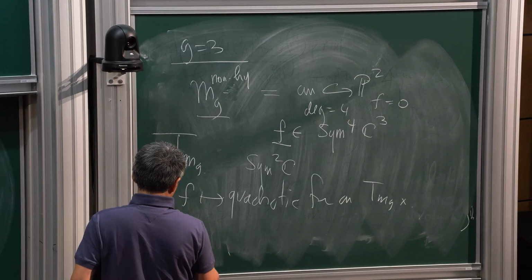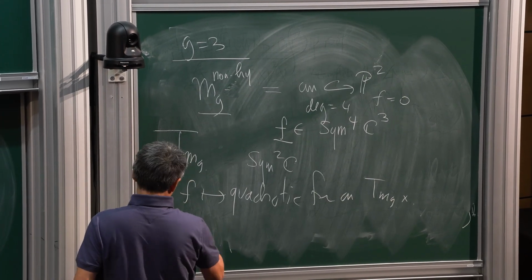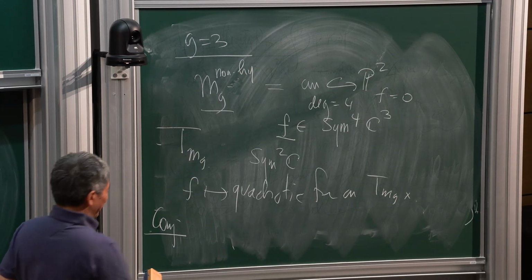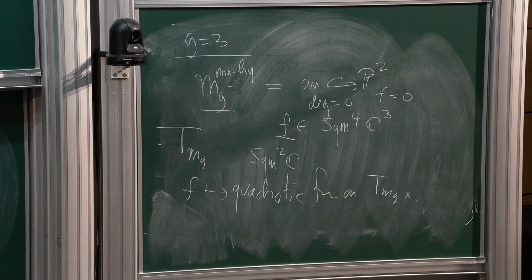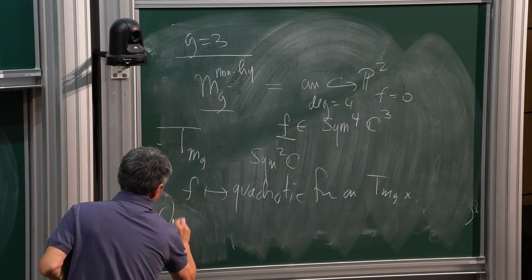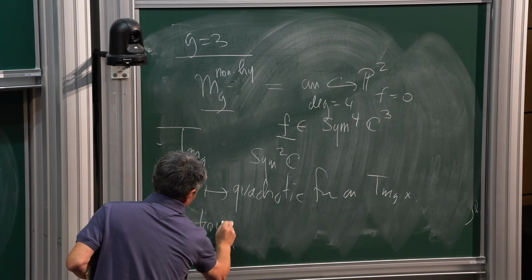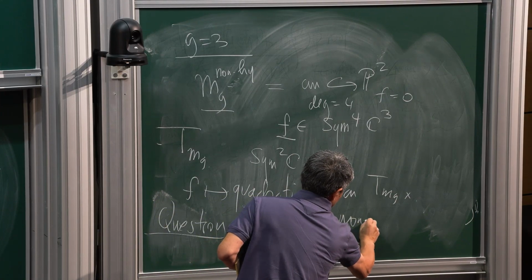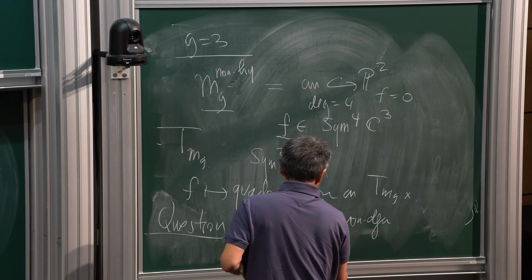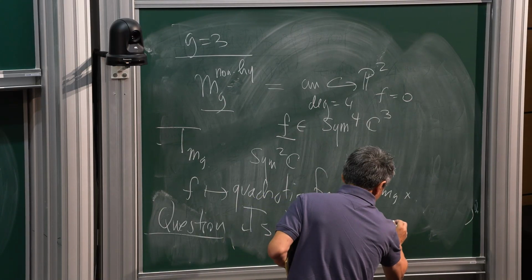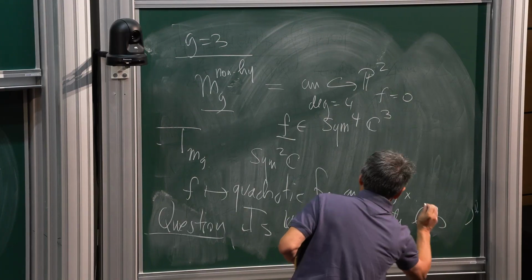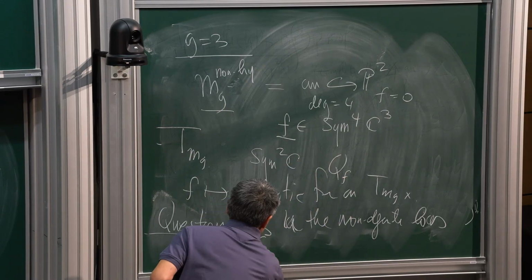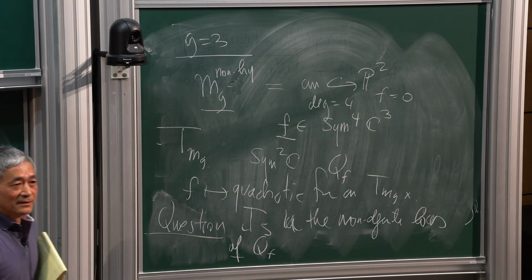So then U, the conjecture. It's Richard Hain's; maybe I propose a question. It's a conjecture because we have zero evidence. Question: is U the non-degenerate locus of this quadratic form, let's call it QF?